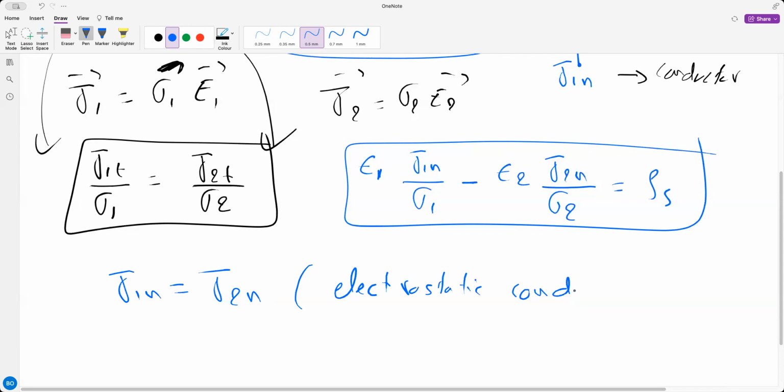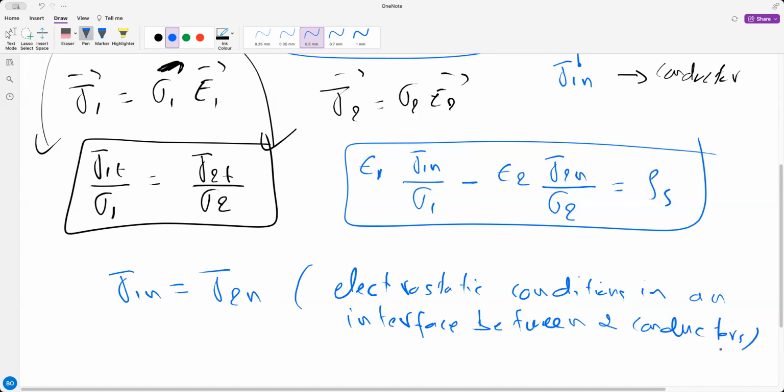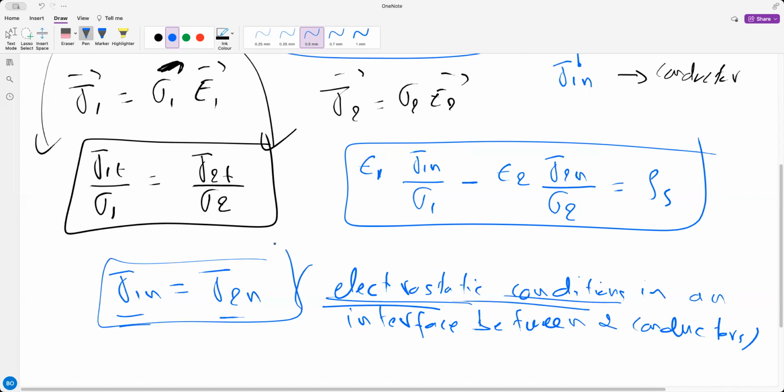This is very important at an interface between two conductors. The normal current density is the same because of why? Because if it changes, this means there is a change in time of the current, which is against the concept of electrostatic condition.